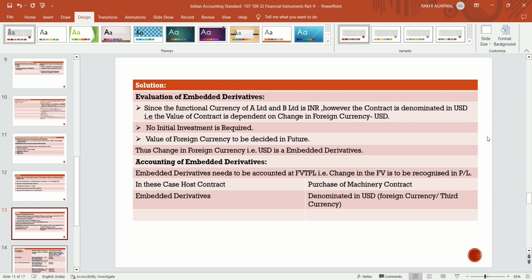So this will fulfill all the requirements of the definition of embedded derivative.